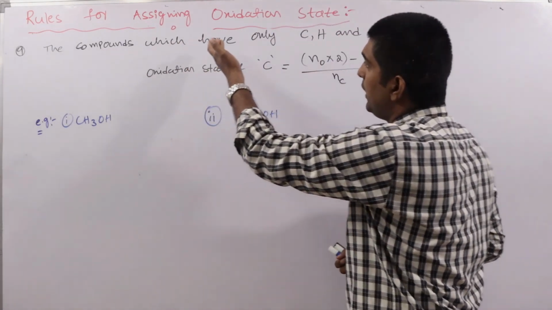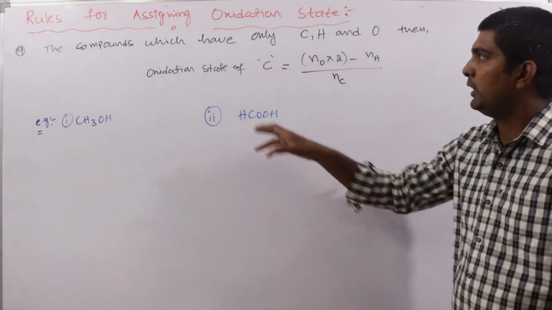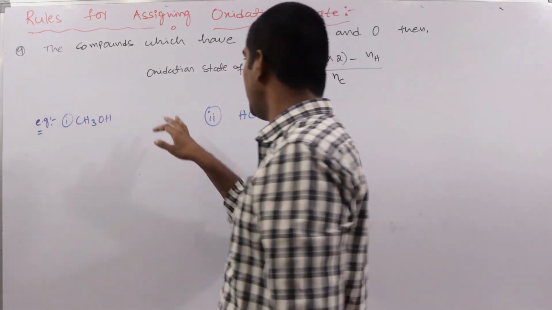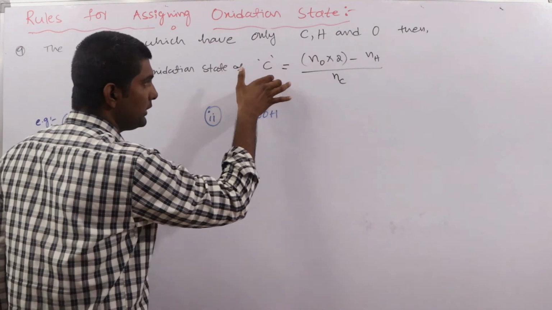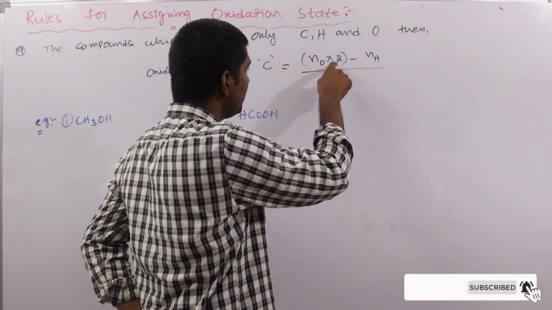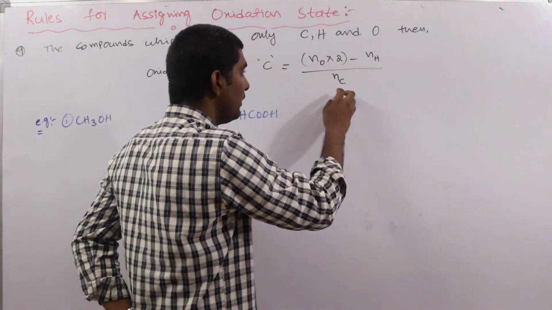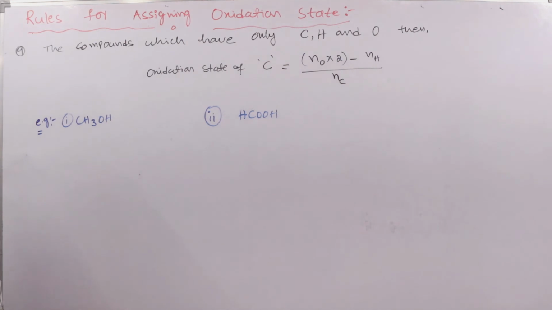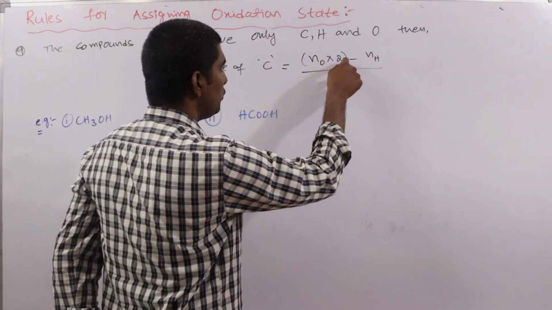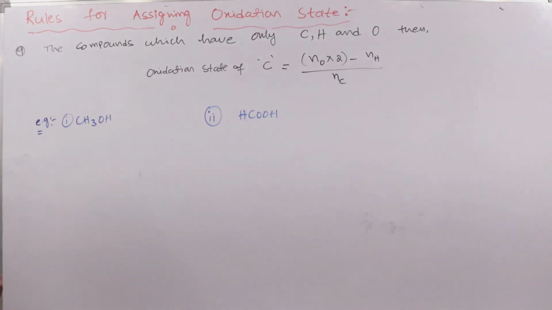Okay, next the last case. If a compound contains only carbon, hydrogen and oxygen, then the formula to calculate the oxidation state of carbon is equal to number of oxygens into 2 minus number of hydrogens by number of carbons. For example, let us take 2 molecules here.